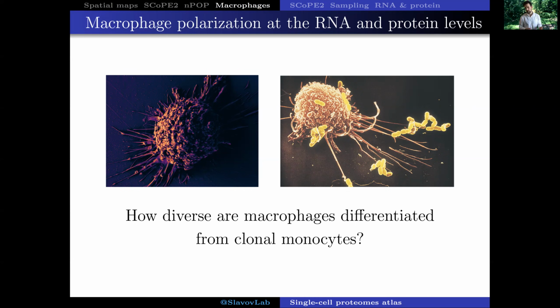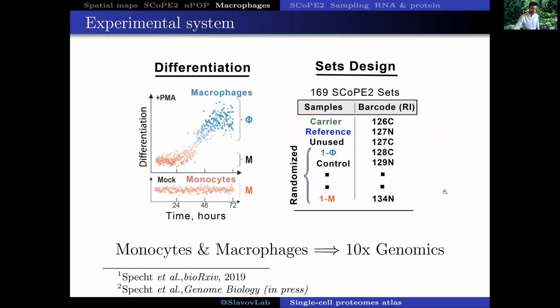They can be either pro-inflammatory or anti-inflammatory, and we wanted to see if some of that polarization may emerge even in the absence of external cytokines. The experimental system was very simple. We in vitro differentiated a monocytic cell line to macrophage-like cells, and then we sampled monocytes and macrophage-like cells to analyze either by mass spectrometry and quantify their proteins, or to analyze by 10x genomics.